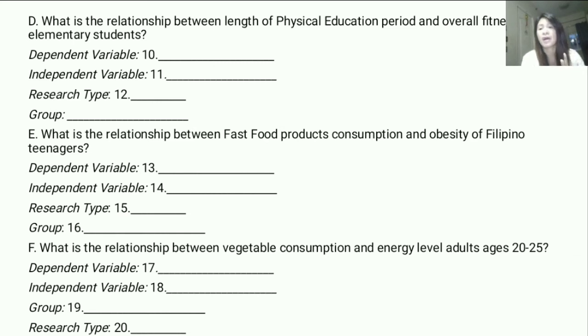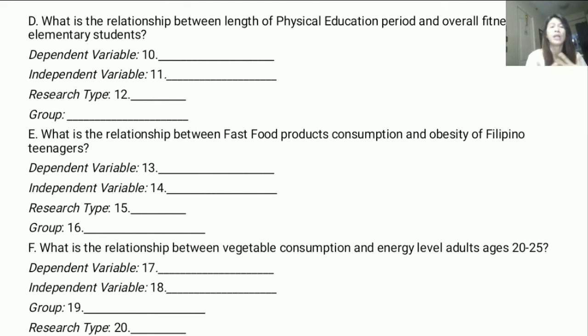The independent variable is the length of the physical education period, and the dependent variable is the overall fitness. Does the length of physical education period affect the overall performance or fitness of elementary students?